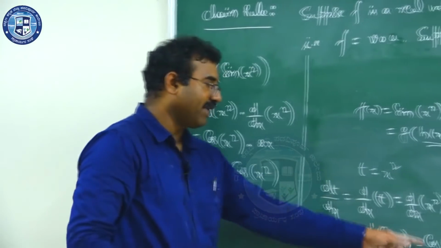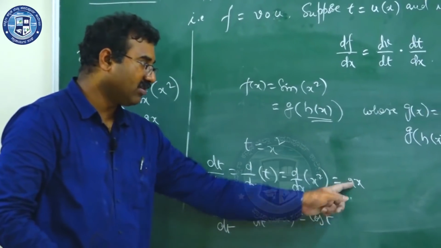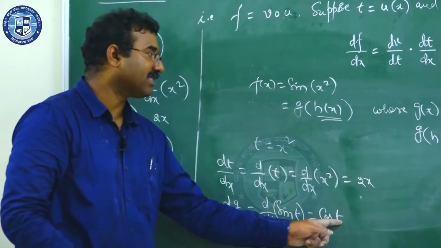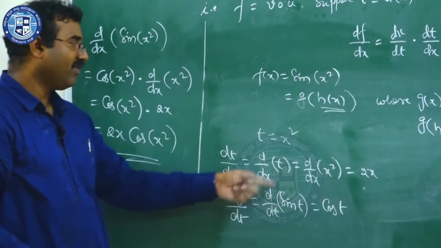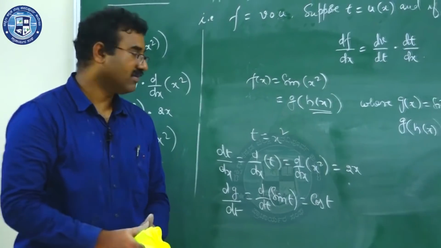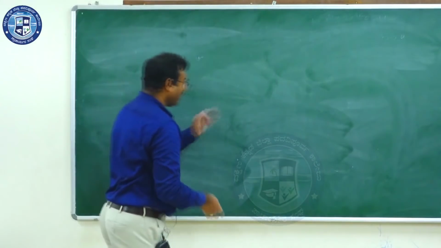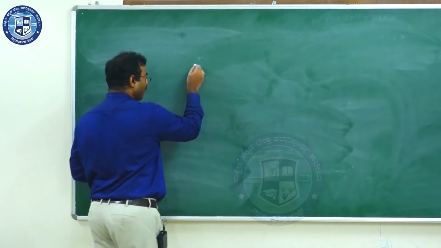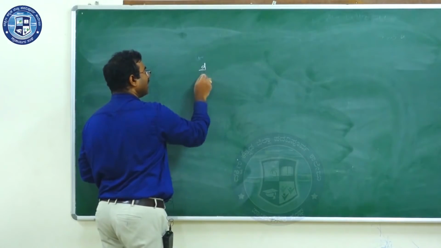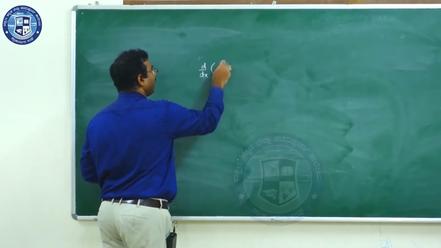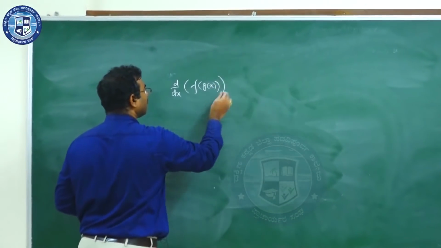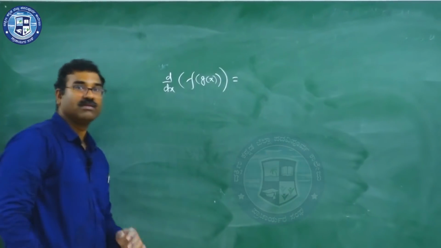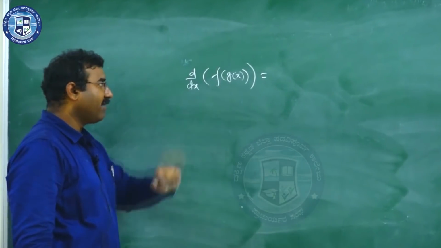Here you need to multiply cos t into 2x. t means again x square. So you get the same value, 2x into cos of x square, right? So that's why for the chain rule I always prefer this formula. d by dx of f of g of x.